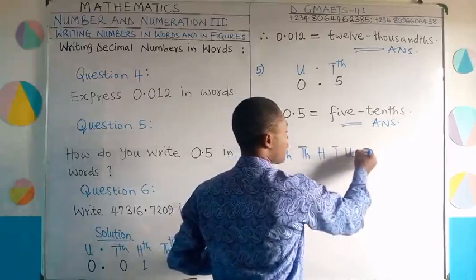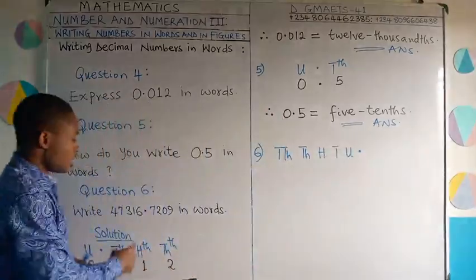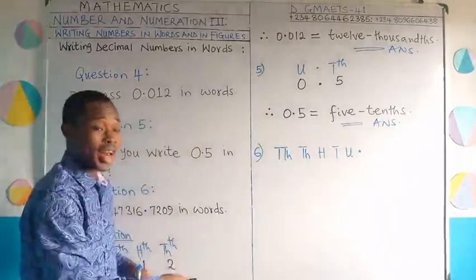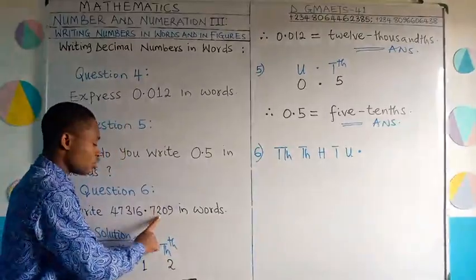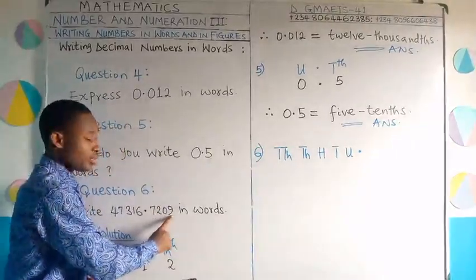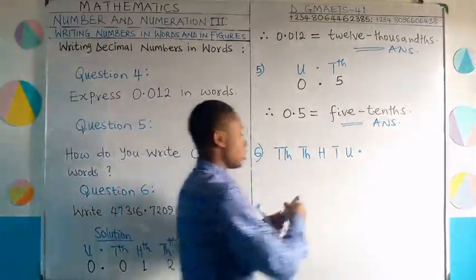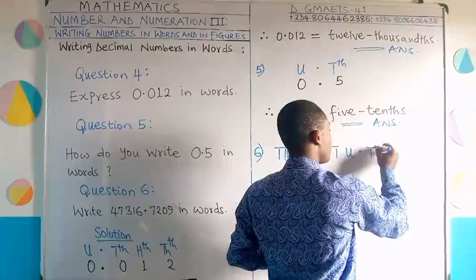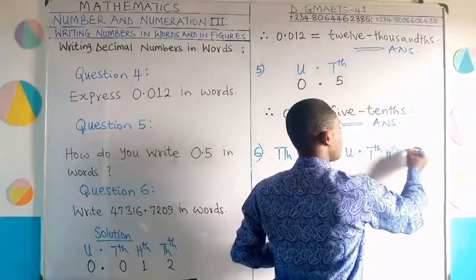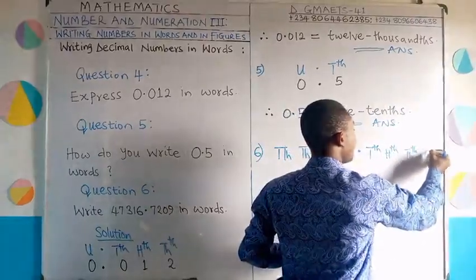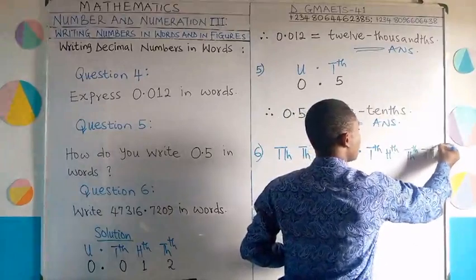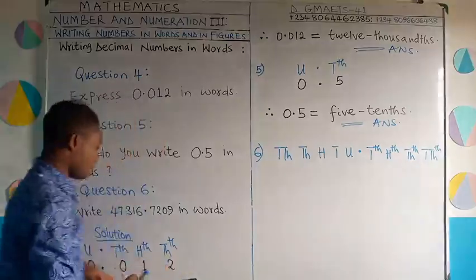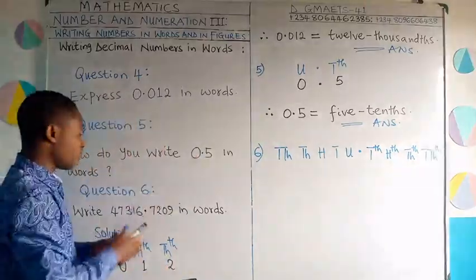After that, you have your decimal point. Now the decimal digit is 7209. This is tenths, hundredths, thousandths, and ten-thousandths. Alright. I will fix this digit under the correct place value there.